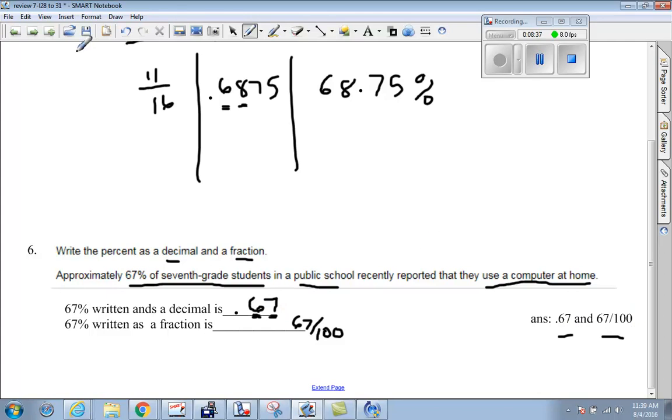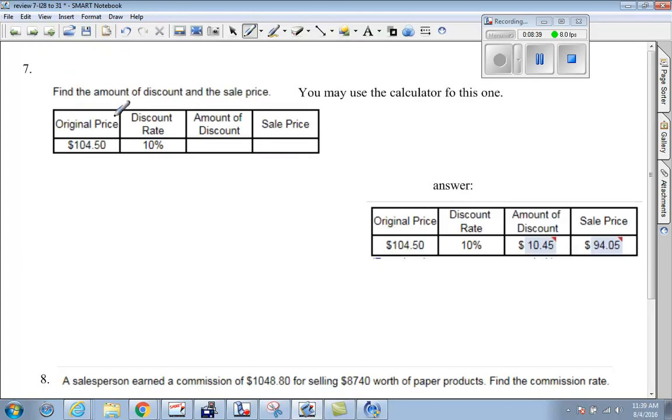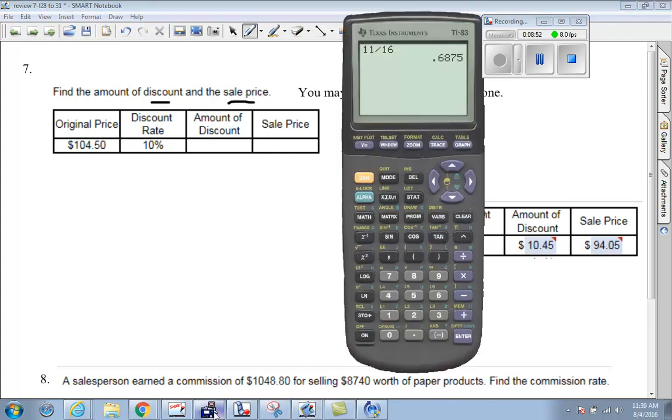Okay, let's head to the next one. Find the amount of discount and the sale price. All right. Well, discount rate times your price will get you the amount of discount. Now I'm assuming you've been through this in all the guided notes, so I'm going to cruise through with ease. So 0.10 times 104.5.